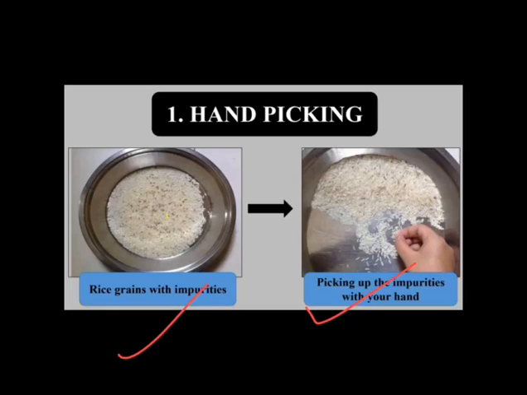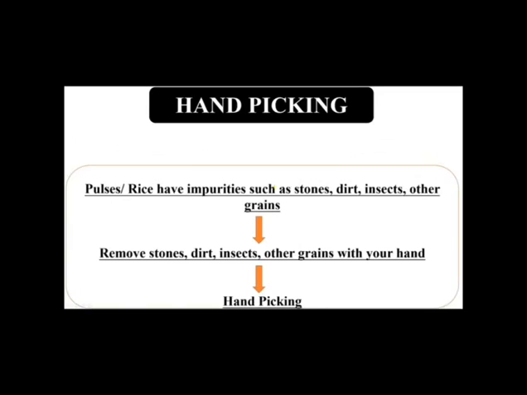So this is a very simple process. What we have understood is that pulses and rice have impurities such as stones, dirt, insects and other grains, and we have to remove these with our hand, and the process is known as hand picking.